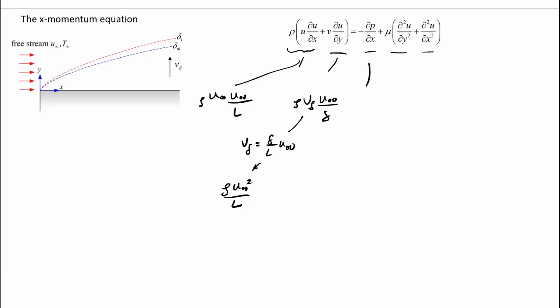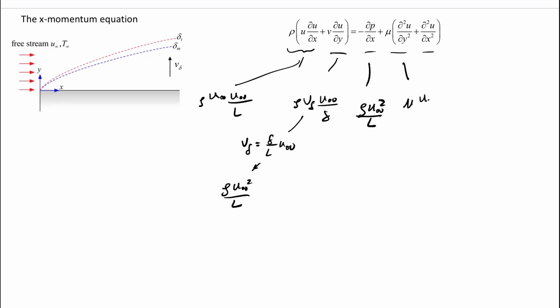It's going to be in proportion to the momentum of the fluid that's coming in, so this term is again rho U infinity squared divided by L. That one's a little harder to see, but that's the largest pressure gradient you could have across that differential control volume.